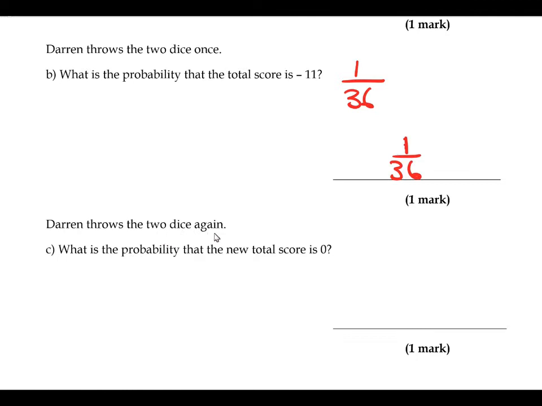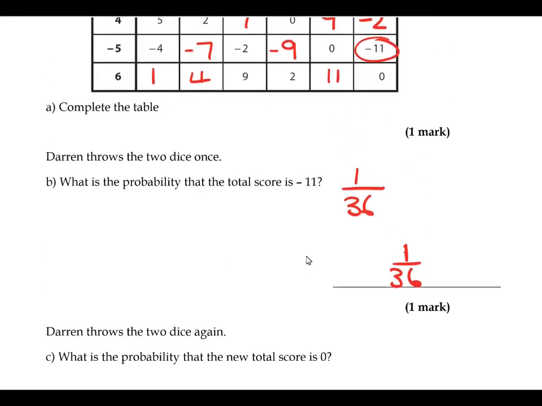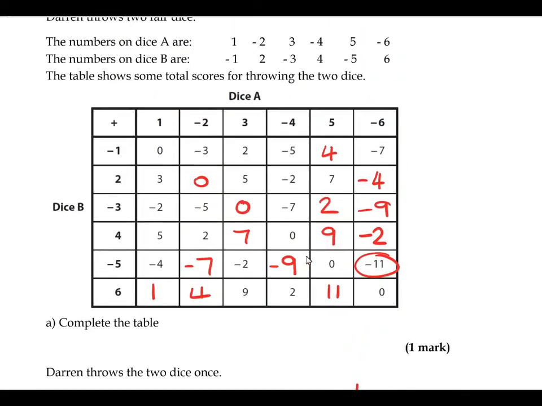Darren throws the 2 dice again. What is the probability that the new total score is 0? So going back to our table, we need to see how many outcomes give us 0. So there are 1, 2, 3, 4, 5, 6 outcomes that give us 0.